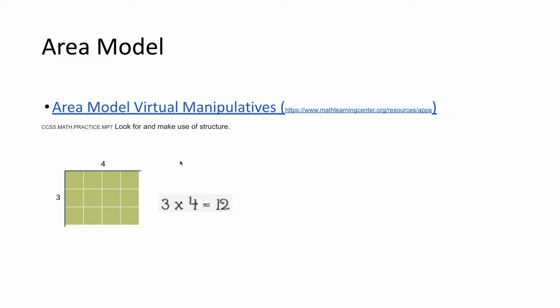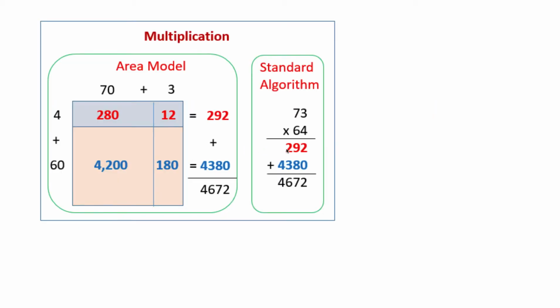Okay? When you are using the standard algorithm, you can take a look at that. 3 times 4 is 12. The partial product is not given here, but we can take a look at this and compare that with these numbers. 3 times 4, 12. Right here. 70 times 4, 280.